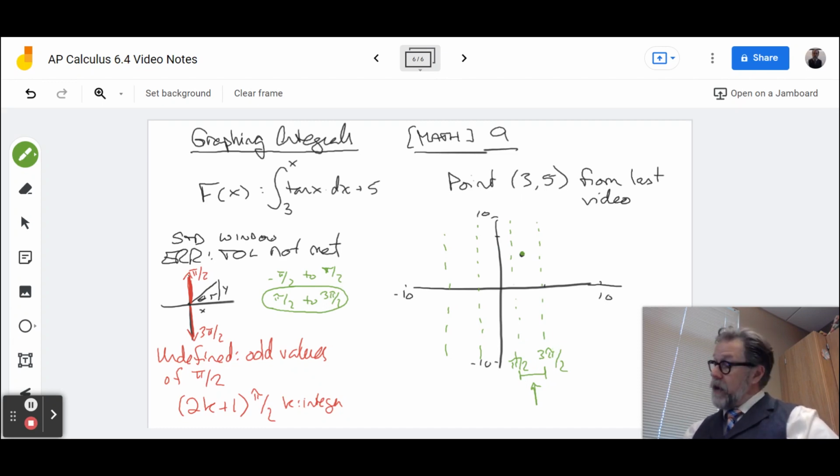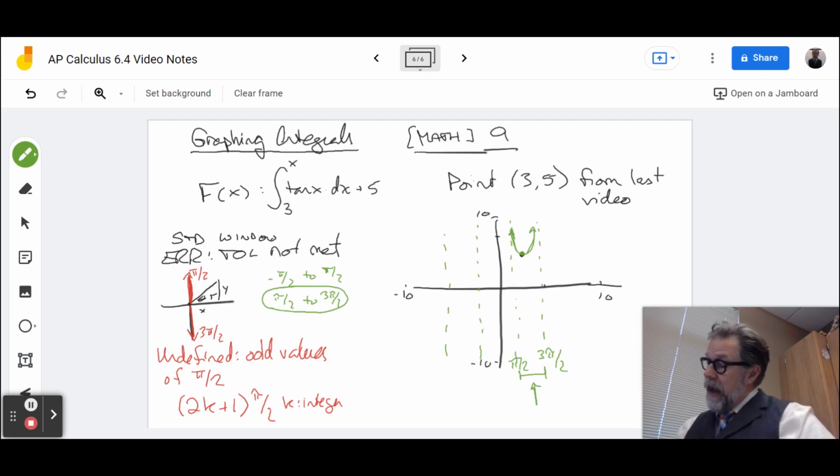So if you go ahead and graph that, choosing a window that's a little bit to the right of pi over 2 and a little bit to the left of 3 pi over 2, you get that this is what our function looks like.